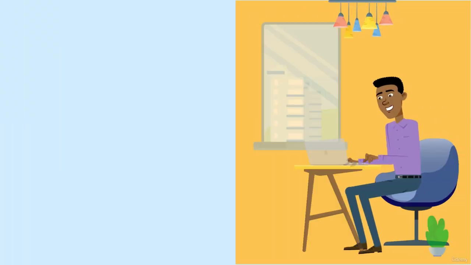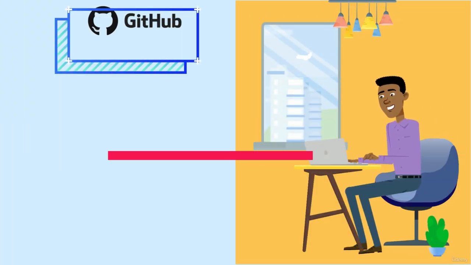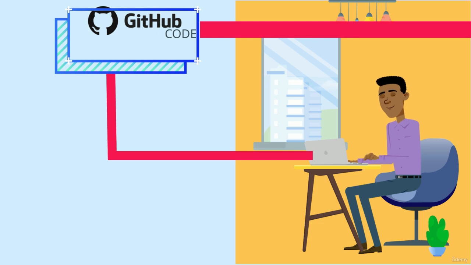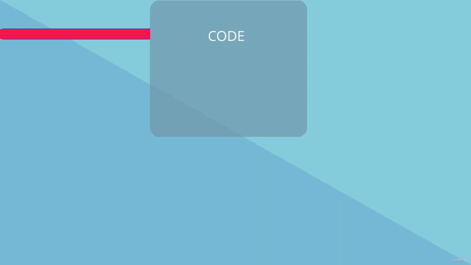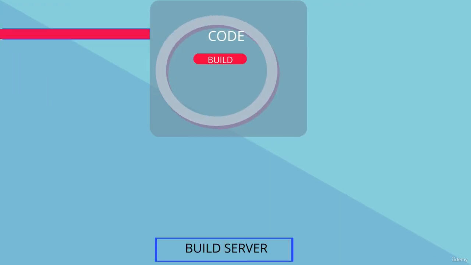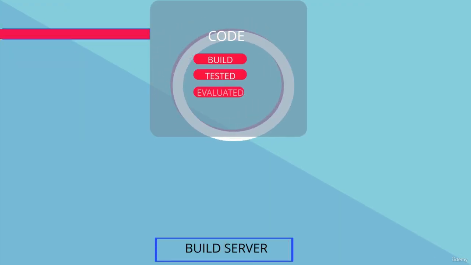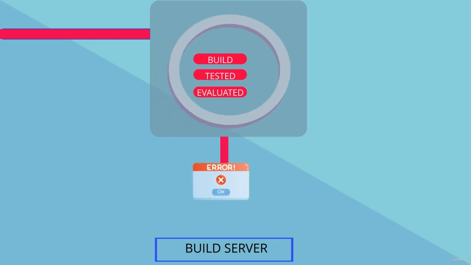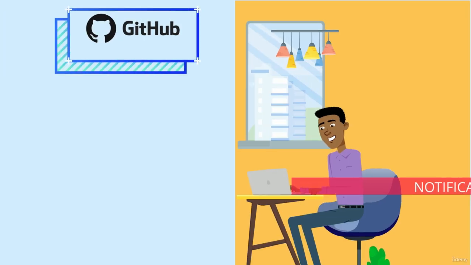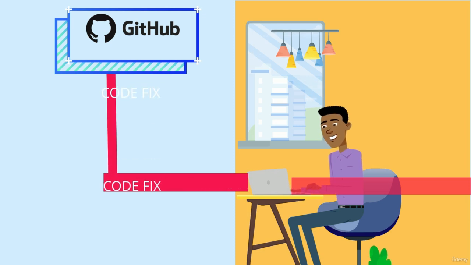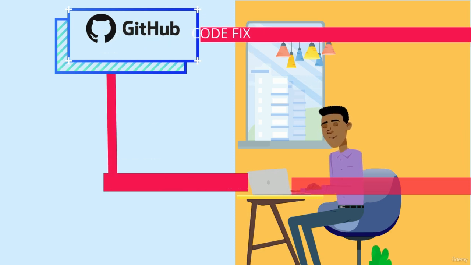So when the developer commits any code, an automated process will fetch the code, build it, test it, and send the notification if there is any failure. As soon as the developer receives a fail notification, he or she will fix the code and commit it again.